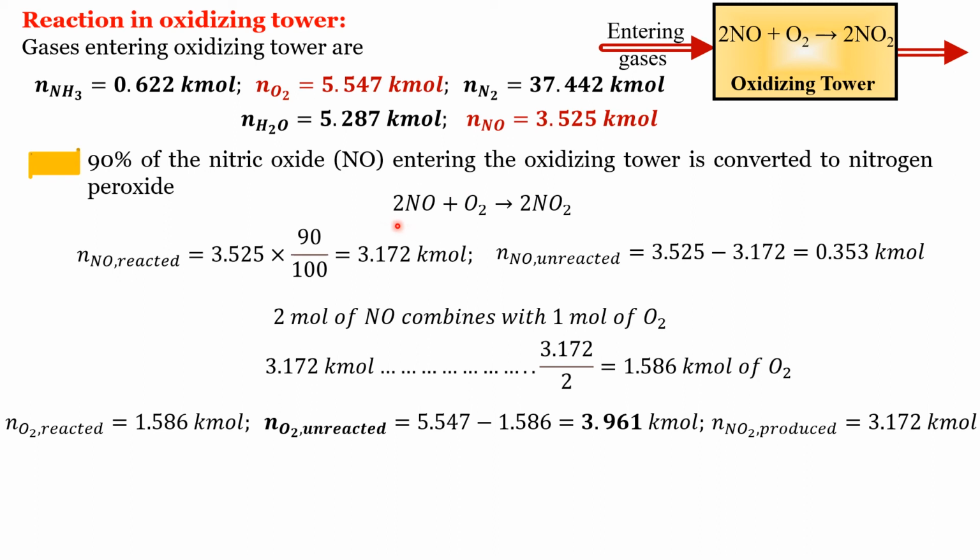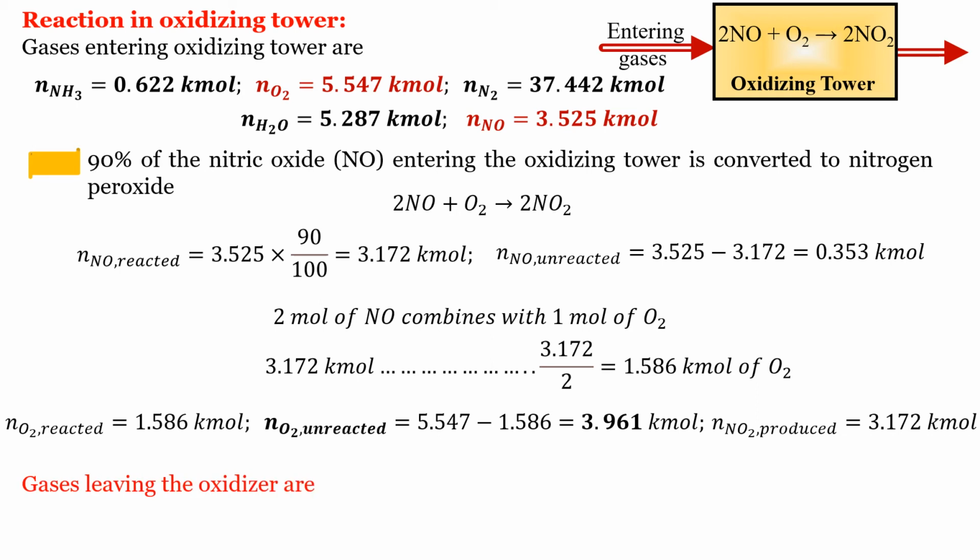Here 2 mole of NO produces 2 mole of NO2. So the same moles of NO, that is 3.172, will produce the same moles of NO2. So NO2 produced will be equal to 3.172 kilomole.